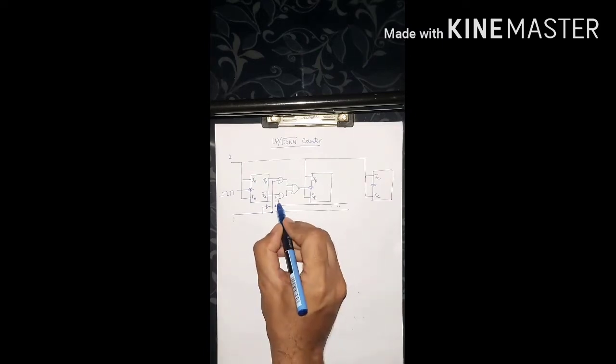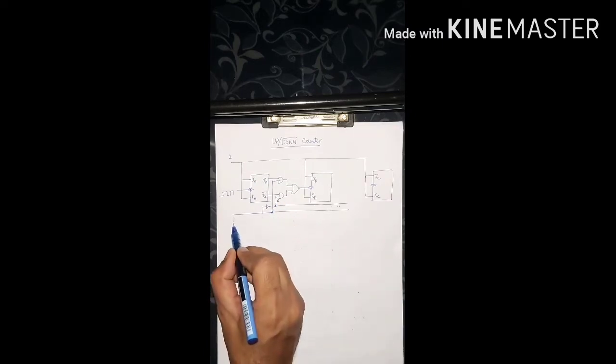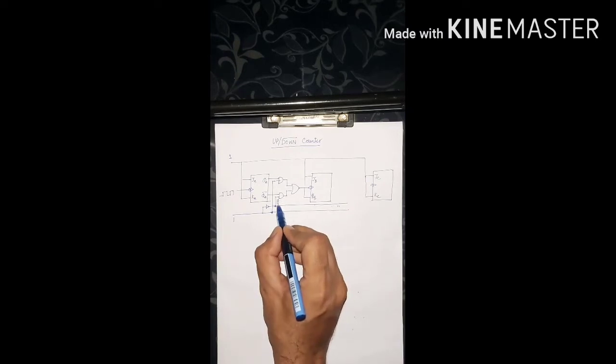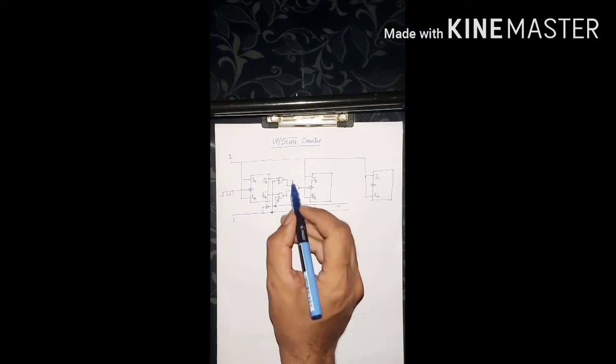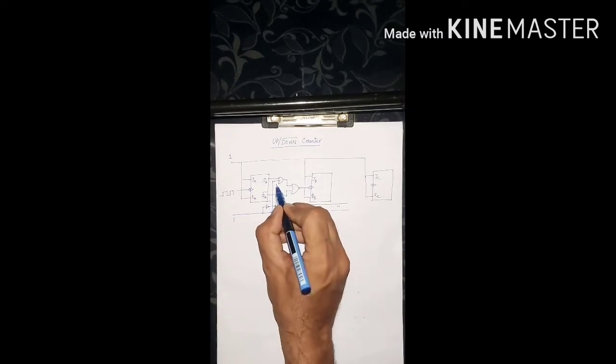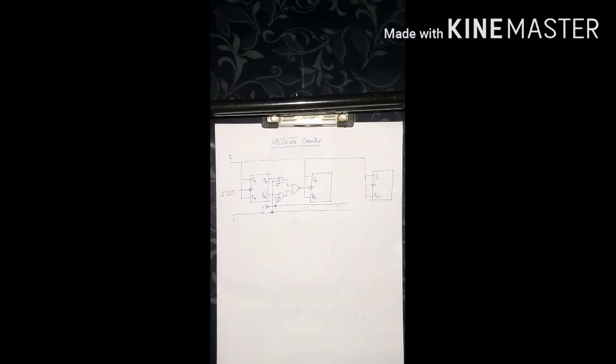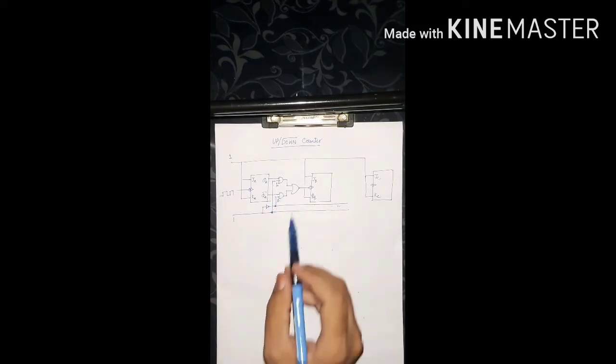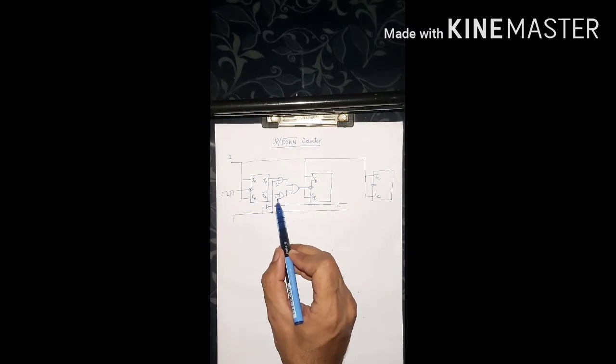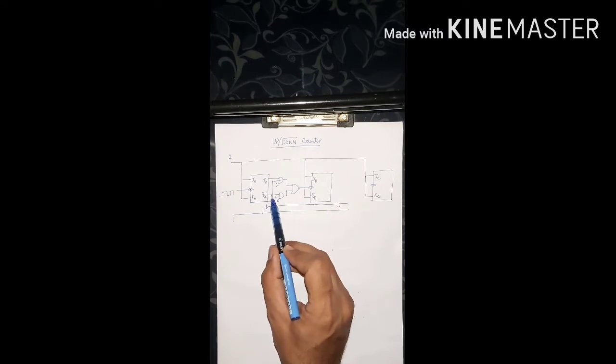So in the first case, when we provide 1 here, one input of this AND gate is 0 and one input of this AND gate is 1. Now an AND gate having a 0 input will always produce 0, whatever the other output is.